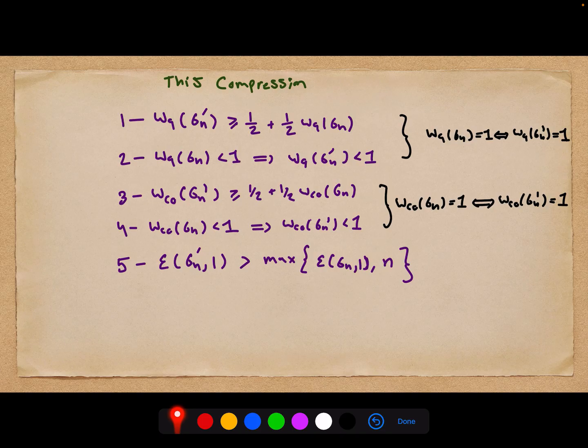Similarly, supercompression takes a uniform family of games, but instead produces a single game, where this single game will have a value 1 if and only if every single game in the original family had a value of 1, hence the name supercompression. Now we will see how we can use this compression result from our paper to produce supercompression.